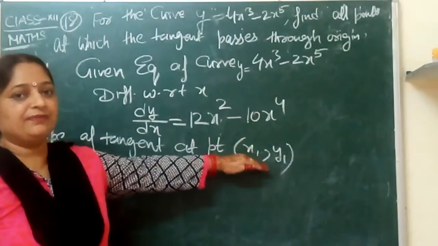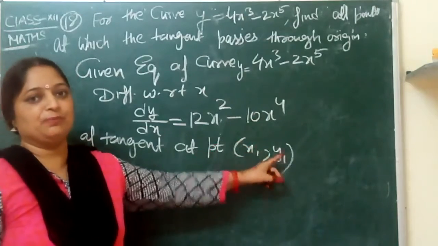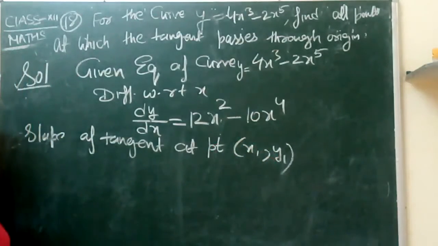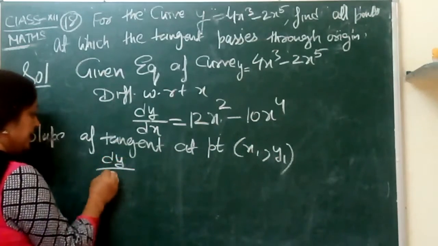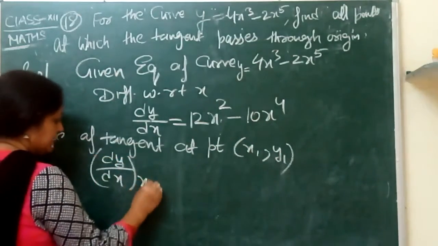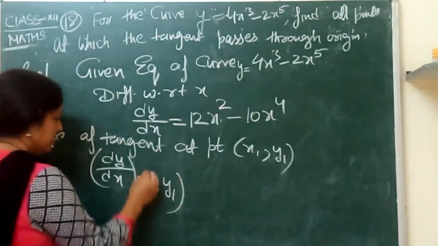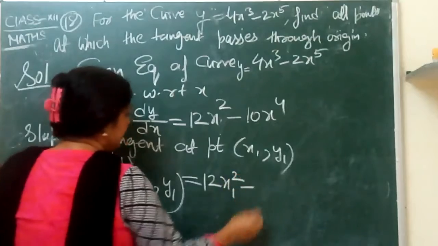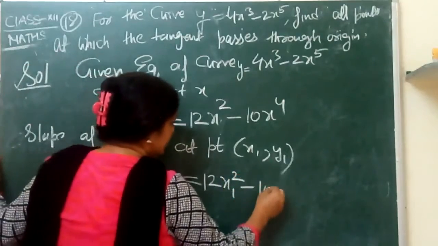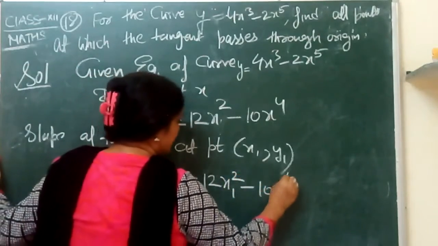At the end we have to find out these points x1 comma y1. The value of x1 and y1 we have to find out. So it will come dy upon dx at point x1 comma y1, it will come 12x1 square minus 10x1 raised to power 4.